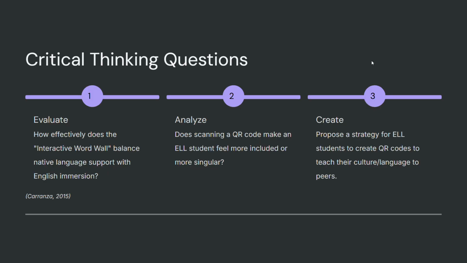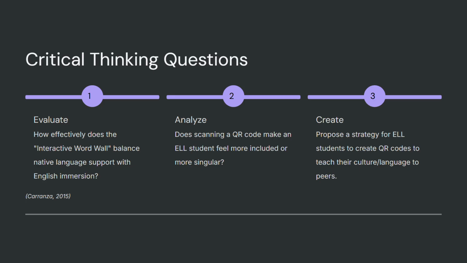And now, before I wrap up, I just want to leave you with a couple of questions to consider. The first one, I'm asking you to evaluate how well you think something like an interactive word wall supports English immersion for ELLs.